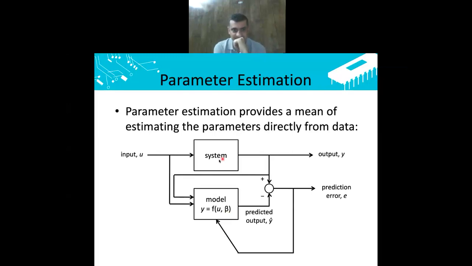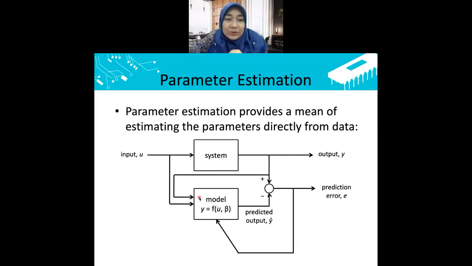So in that kind of problem, we can have what we call parameter estimation. We can estimate the parameters by giving some input to the system and collecting some output of the system, and then we can model the system using the input and the output of the system.